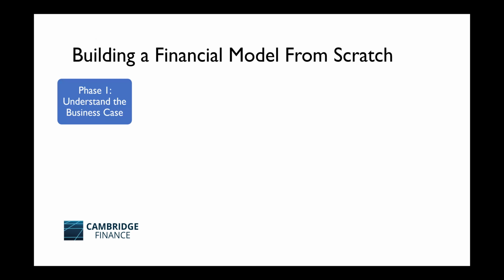Okay. So building a financial model from scratch, there is a process, as I mentioned. I always like to say we need to first understand the business case, and I'm going to go through it step by step, but I just want to give you the overview of what we are trying to achieve here. So phase one should be to understand the business case, really where we are and what results you want.